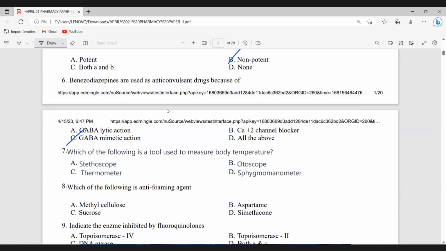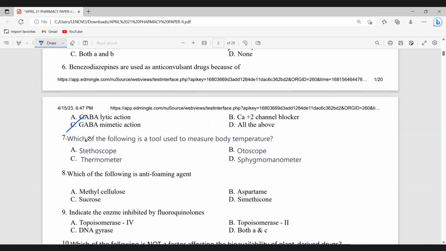So the inhibitory activity of GABA is increased by the benzodiazepines in our brain. If the inhibitory action of GABA increases, there will be a decrease in neuronal excitability, and when neuronal excitability decreases, seizures also stop.